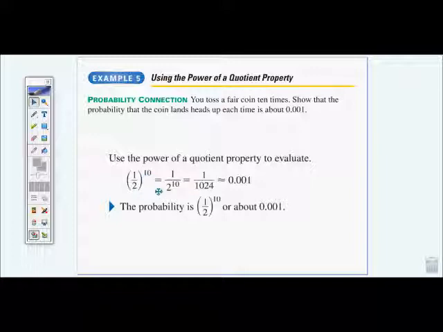So we're going to use that for both of our terms. 1 to the 10th is going to still stay 1. 2 to the 10th is going to expand to 1,024. Now, if we divide 1 by 1,024, you're going to get the approximate value of 0.001. So the probability is about 0.001, okay, that's 1,000th.